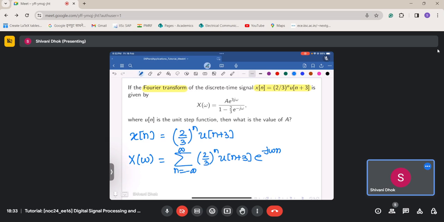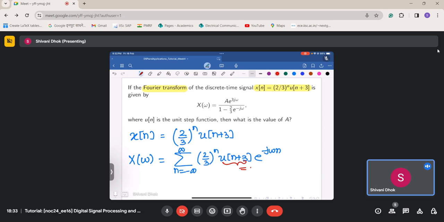Okay, now this thing here, u of n plus 3, becomes non-zero for its argument greater than or equal to 0. So this thing here should be greater than or equal to 0.